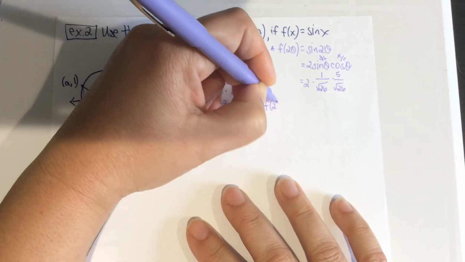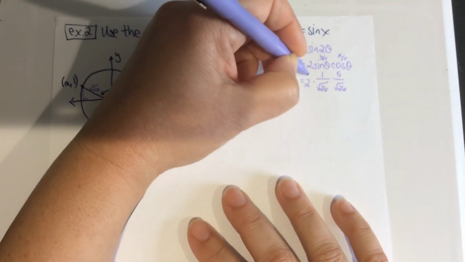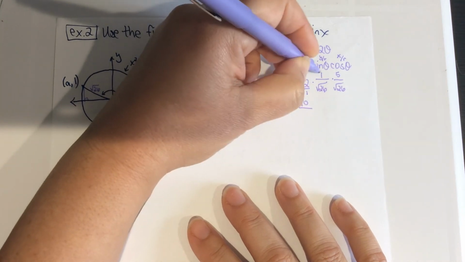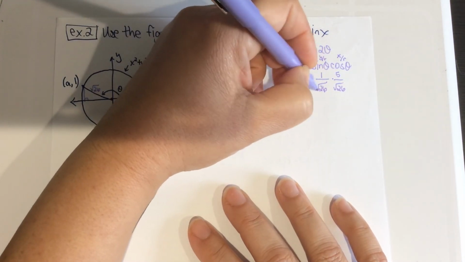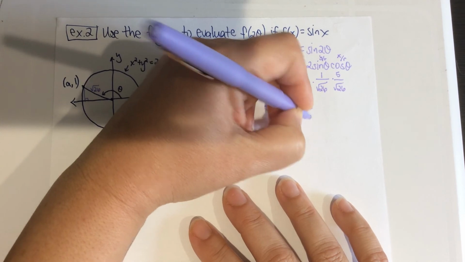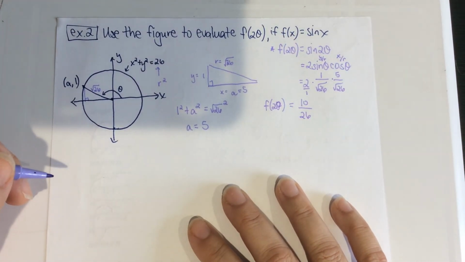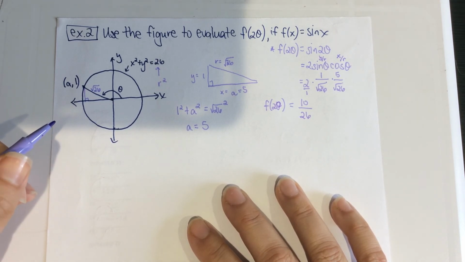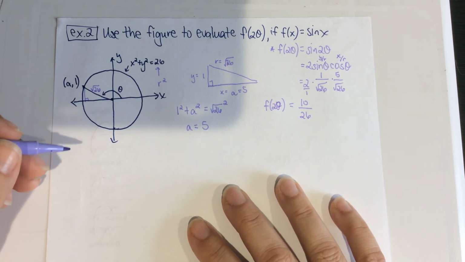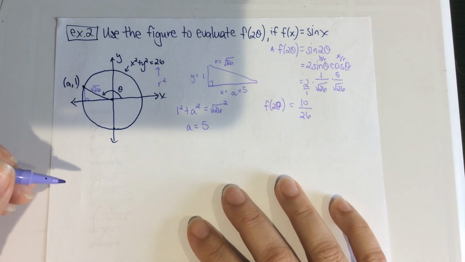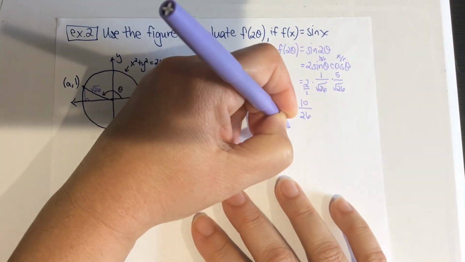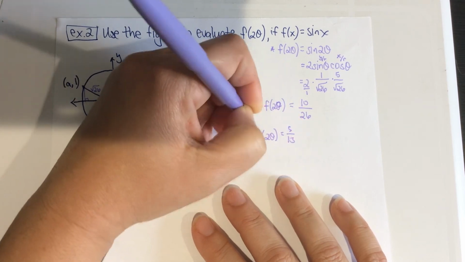So f of 2 theta, I'm going to have 2 times 1 times 5 on top, and then 1 times rad 26 times rad 26, right? Anything times itself means it's squared. And when we square a radical, the radical goes away. Please don't leave that as an answer. You would never leave that as an answer, right? Okay, so f of 2 theta is 5 over 13.